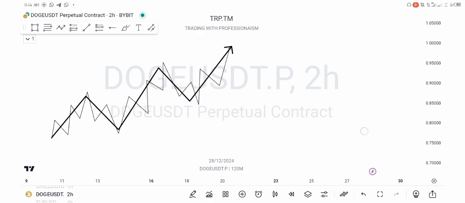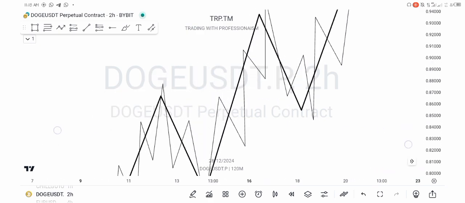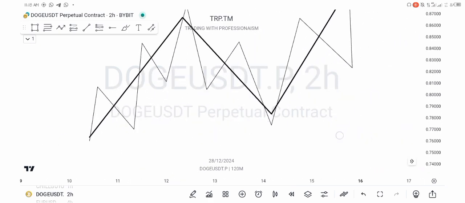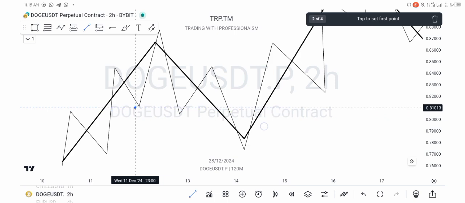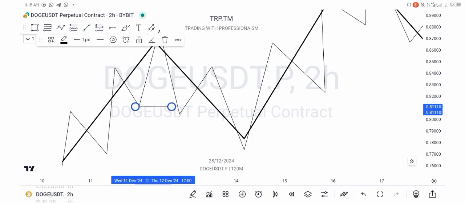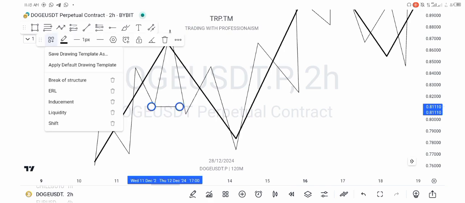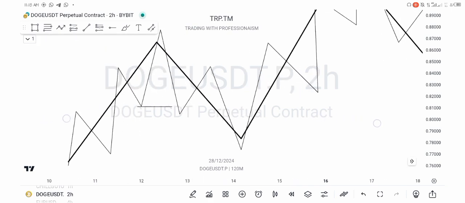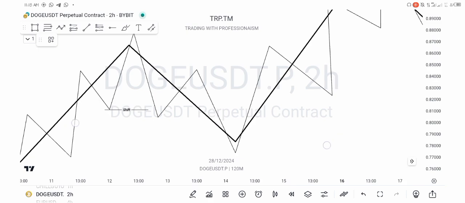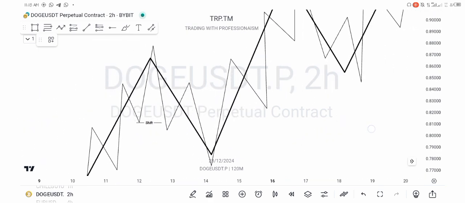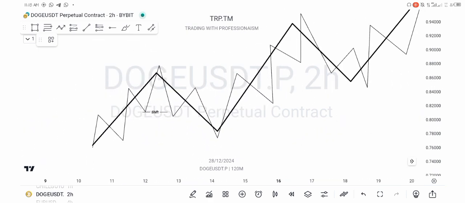So now what I mean by fake change of character and break of structure is something like this. This now is a shift, right? But it is a fake shift because it does not align with the higher time frame. Before you can consider a trend to be over, you have to look at the higher time frame.